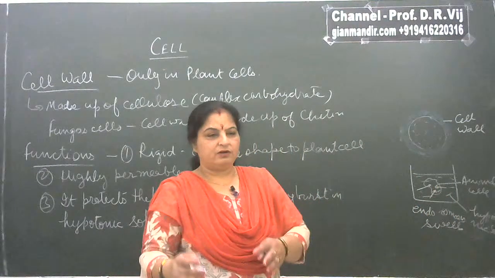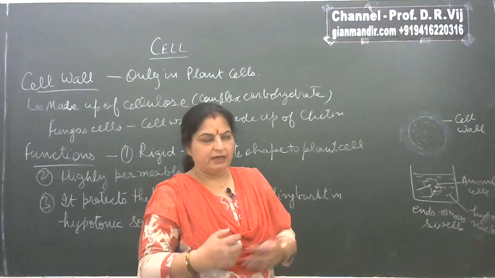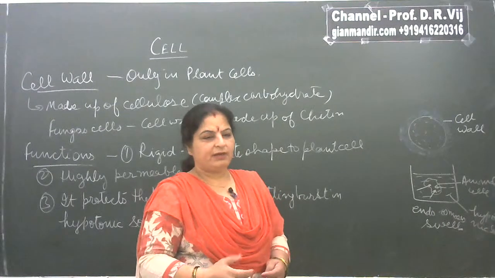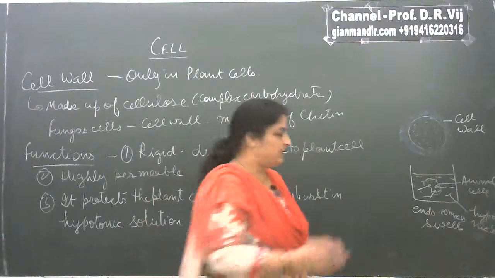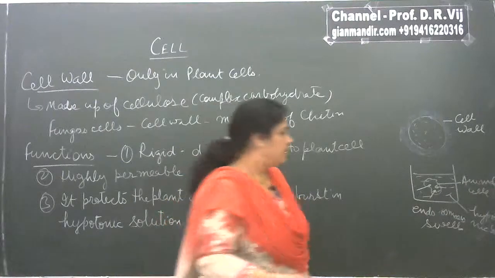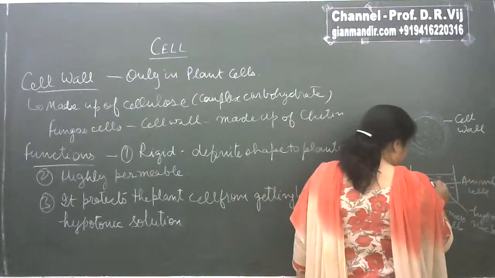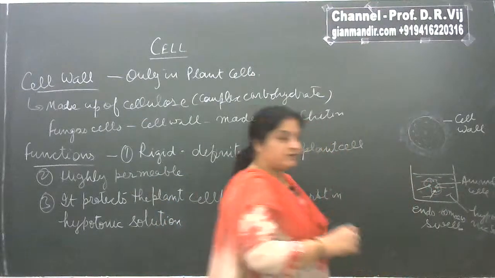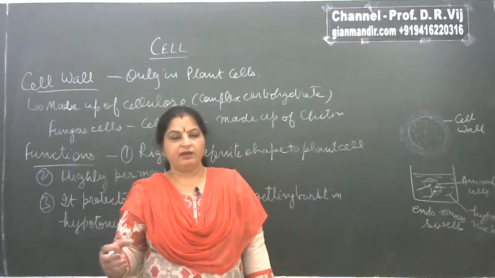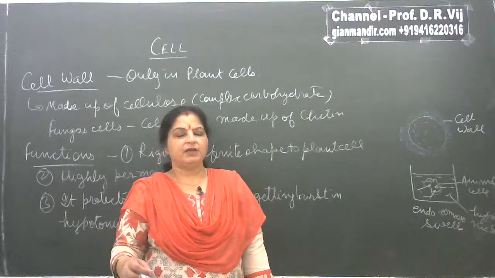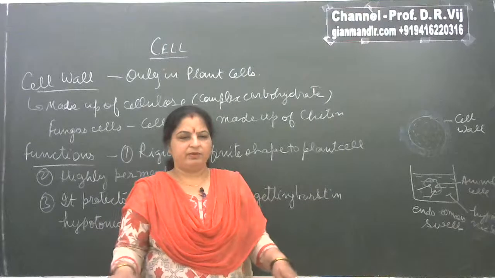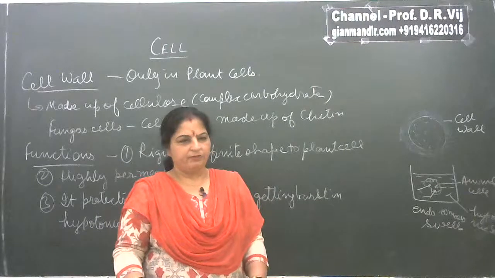And if this endosmosis keeps on uncontrollably, then what will happen? The water will keep on entering, the cell will keep on swelling, and this water will exert a pressure from inside to outside on the cell membrane, and ultimately a time will come when the cell membrane will burst, right?